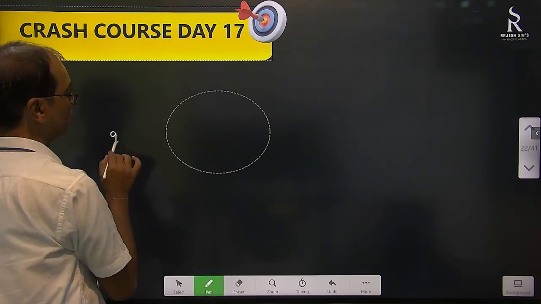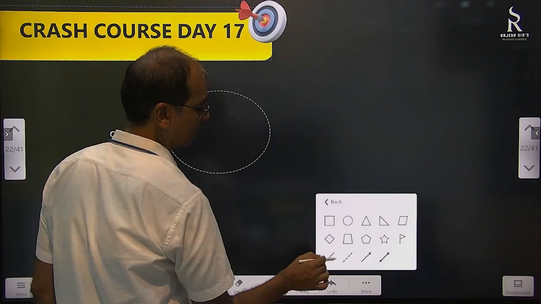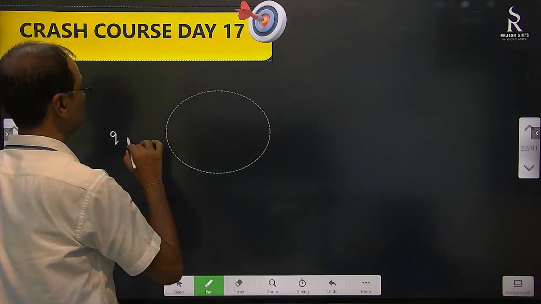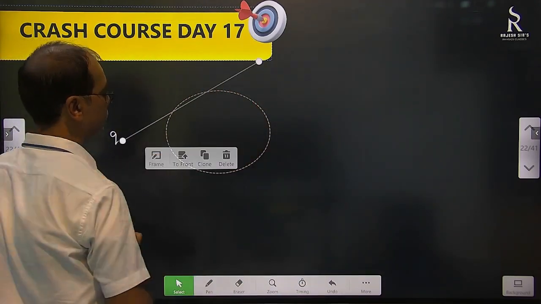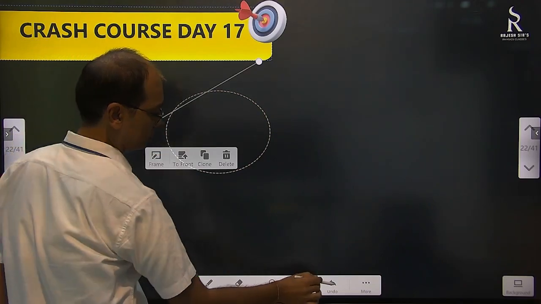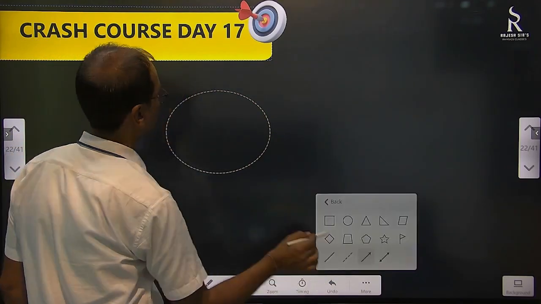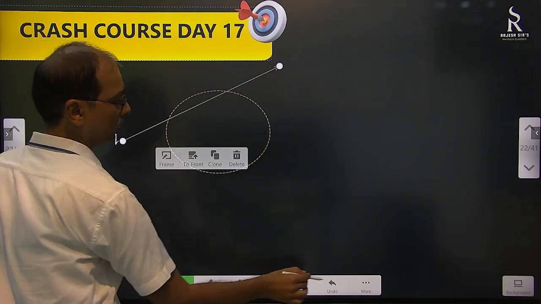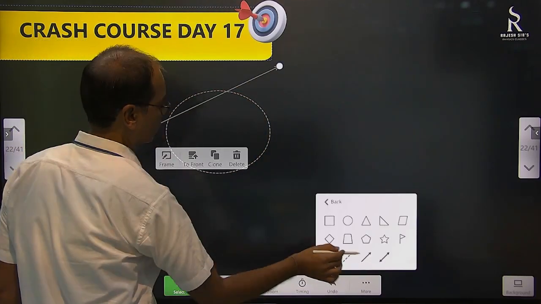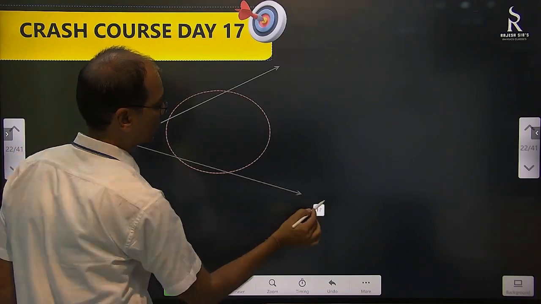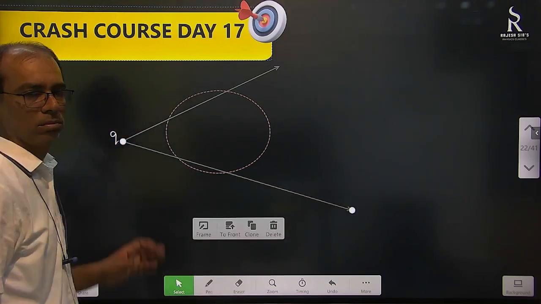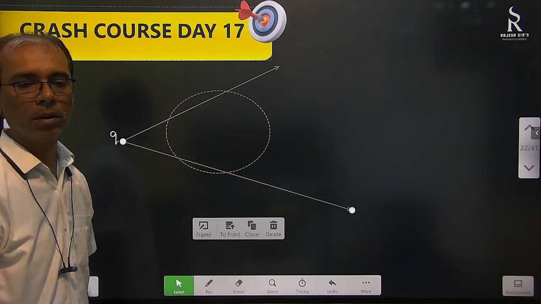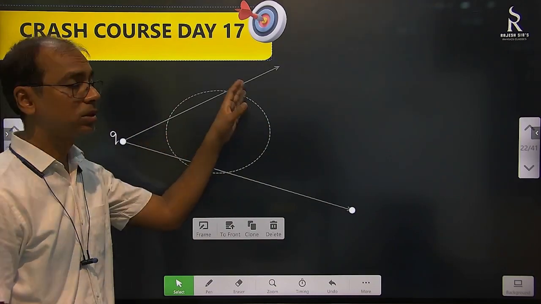If I make the electric lines from this charge, it's like this, and in between many will be there. So this is going in also, this is going out also.